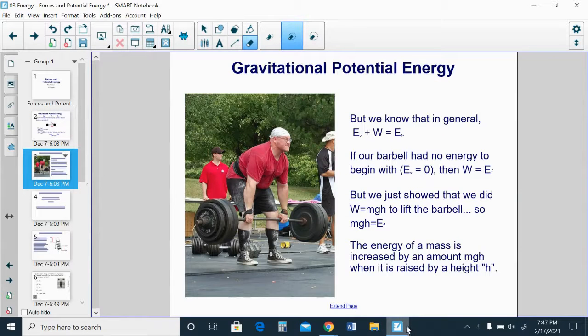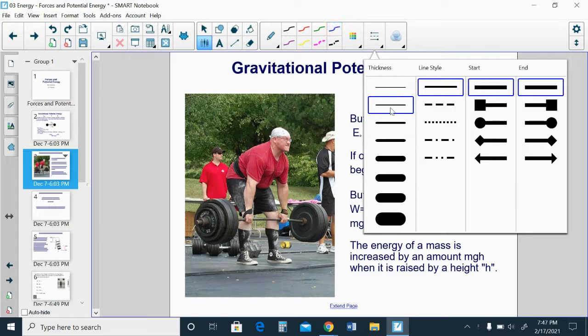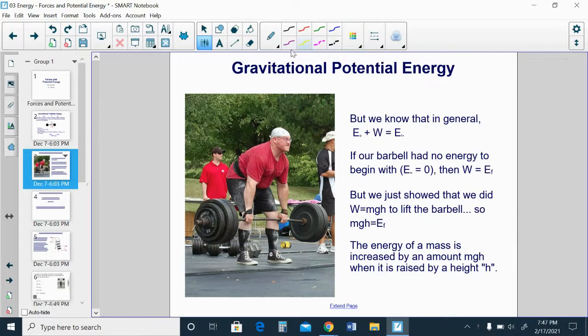So let's take a look at an example here. To the left, we have a person lifting a barbell. Let me try to draw the forces here to help visualize.